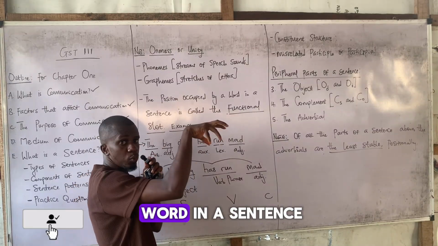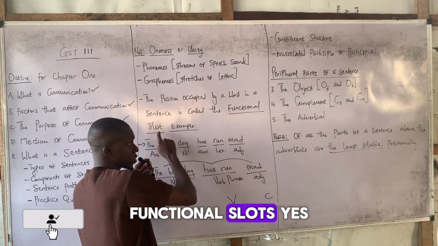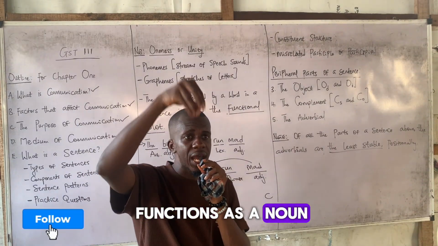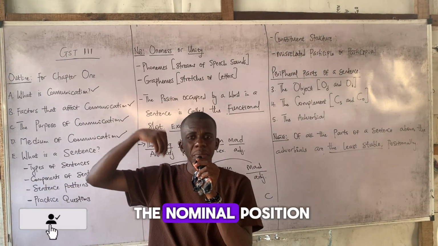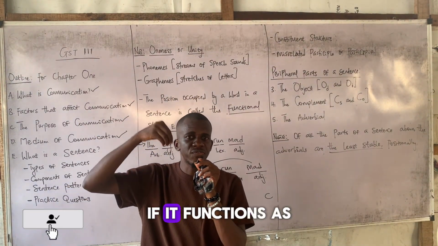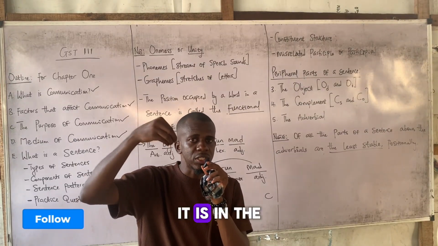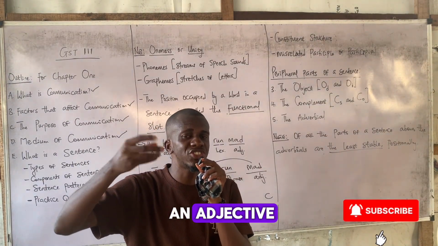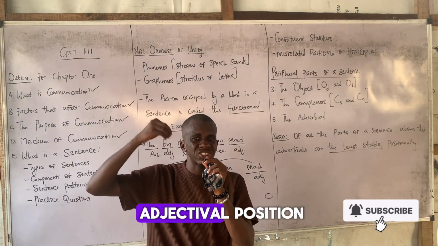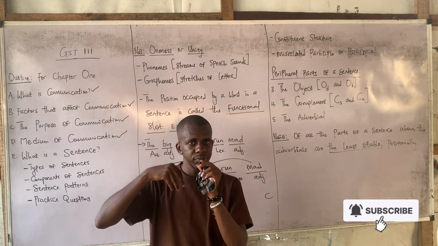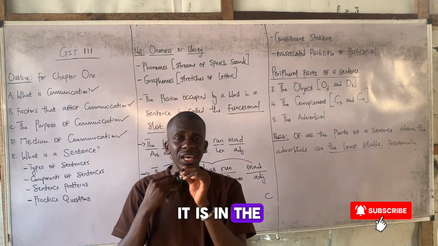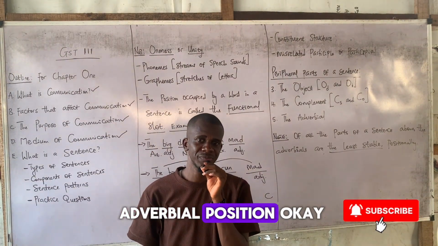The position of a word in a sentence is what we call functional slot. So if a word functions as a noun, it is in the nominal position. If it functions as a verb, it is in the verbal position. If it functions as an adjective, it is in the adjectival position. If it functions as an adverb, it is in the adverbial position.